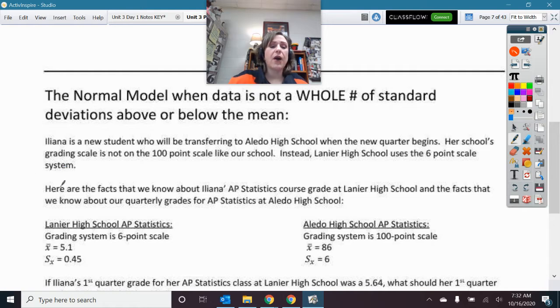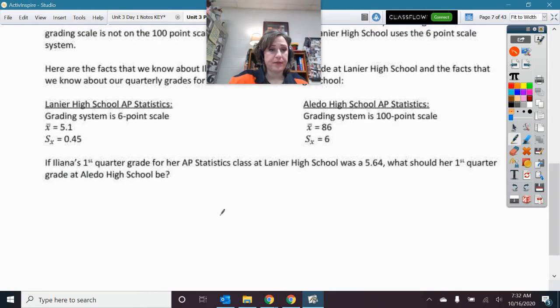So here are the facts that we know about Ileana's AP Statistics course grade at Lanier High School, and the facts about the quarterly grade at Aledo High School, so that we can give her a comparable position related to students and grades. Okay, so here are the facts.